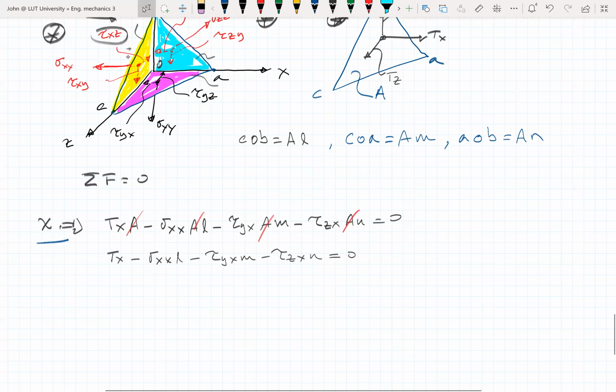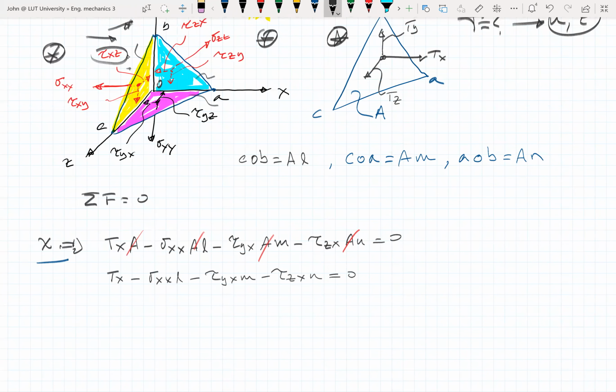Let's work now with the y-axis. We'll try to make it in the same page. I will have that Ty a minus sigma y a minus tau xy a l minus tau zx a n equals 0.